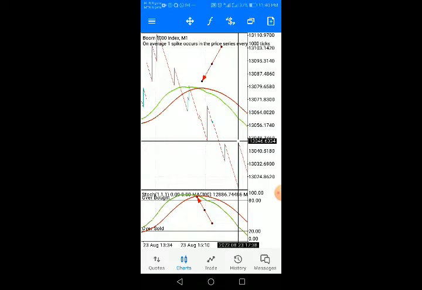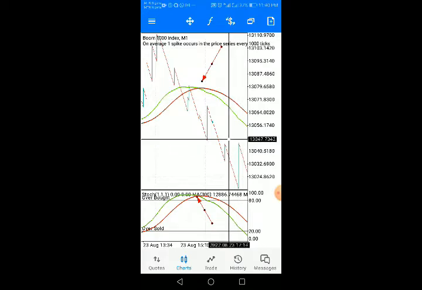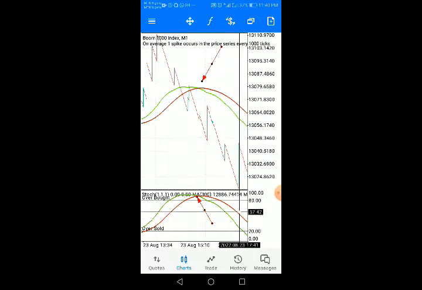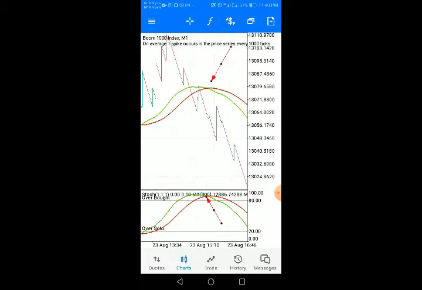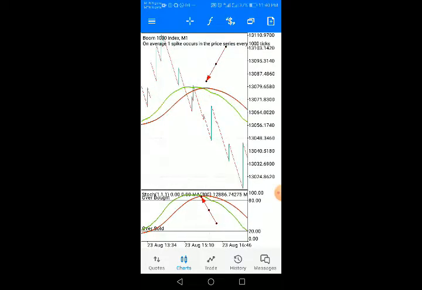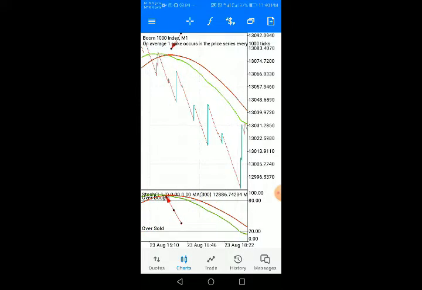When you're in a sell trade, when the green moving average touches the level 20 at this point, that is where you're expected to get out of the market. You understand? So you enter from this point here, and you exit here. Even in real time, the first time it touches the 20 here, as soon as it touches the 20, you should exit the market.